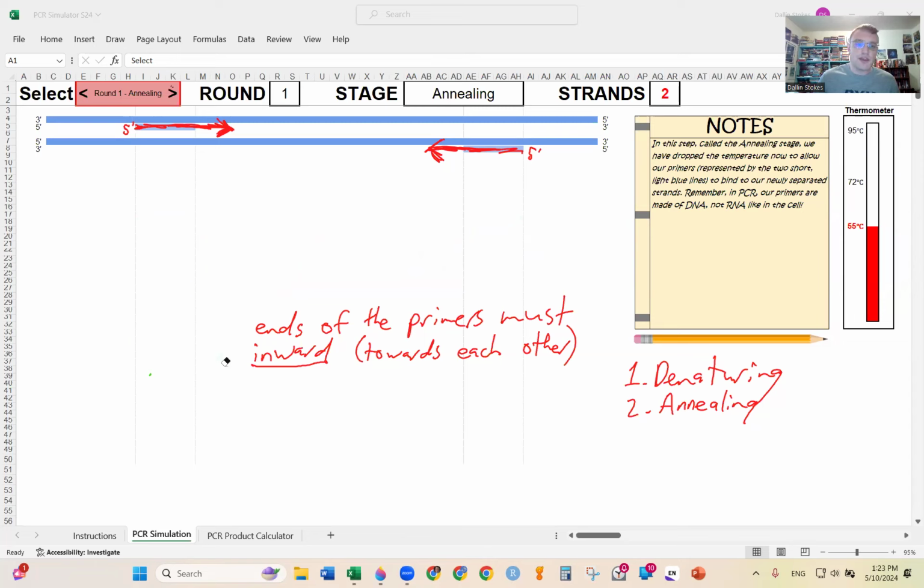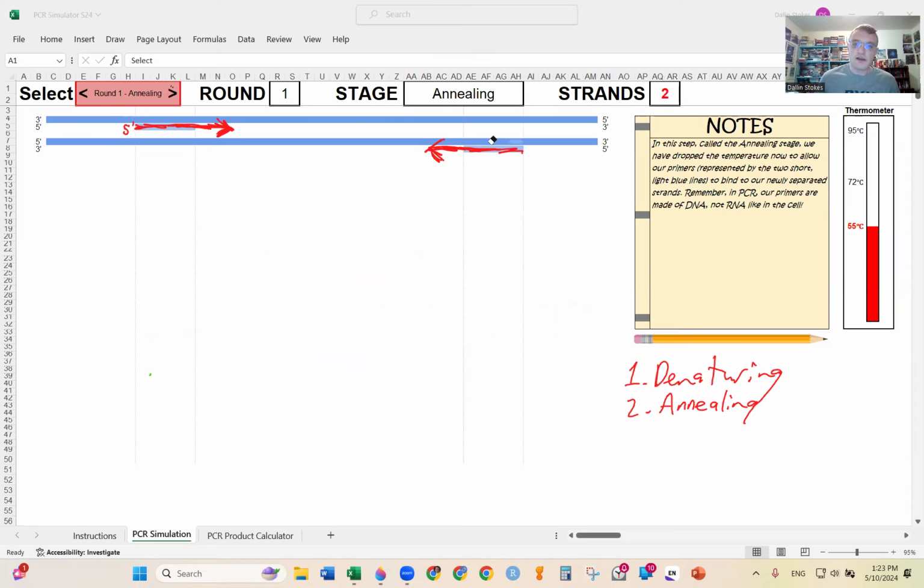So we've cooled things down. We've laid down our primers. Now the next step is to build the new strands.